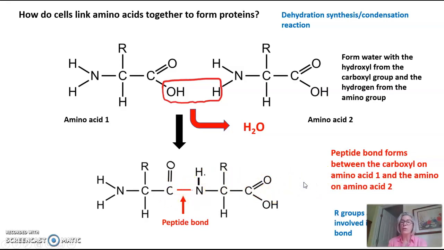The R groups are not involved in forming the peptide bond. So in this case, I've put X's over those R groups. I recommend that you do this before you even begin trying to do this reaction. Put an X through each R group so that you are not tempted to use these R groups in forming the peptide bond because they are not involved in the peptide bond.